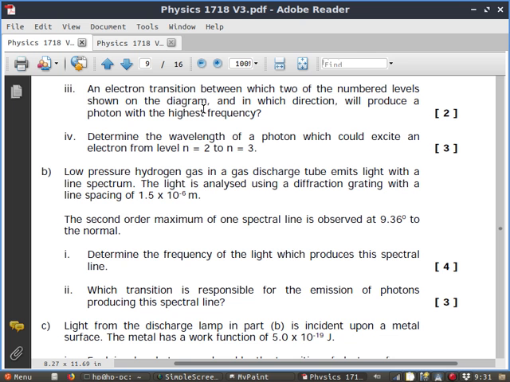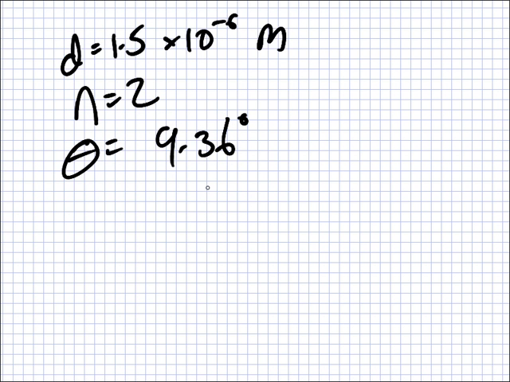What is the frequency? You know the formula, n lambda equals d sine theta. This is from the double slit. But now wait, we don't want lambda, we want f.